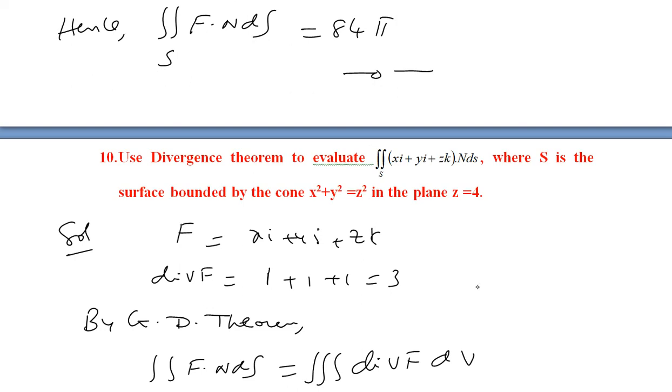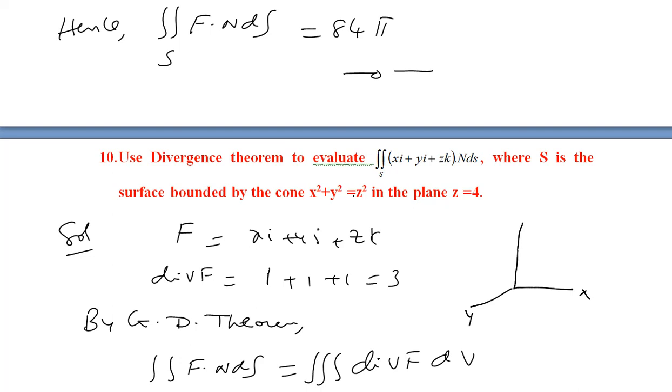Now what is the diagram? Okay, now the diagram is: x axis, y axis, and z equals 4, up to z equals 4.